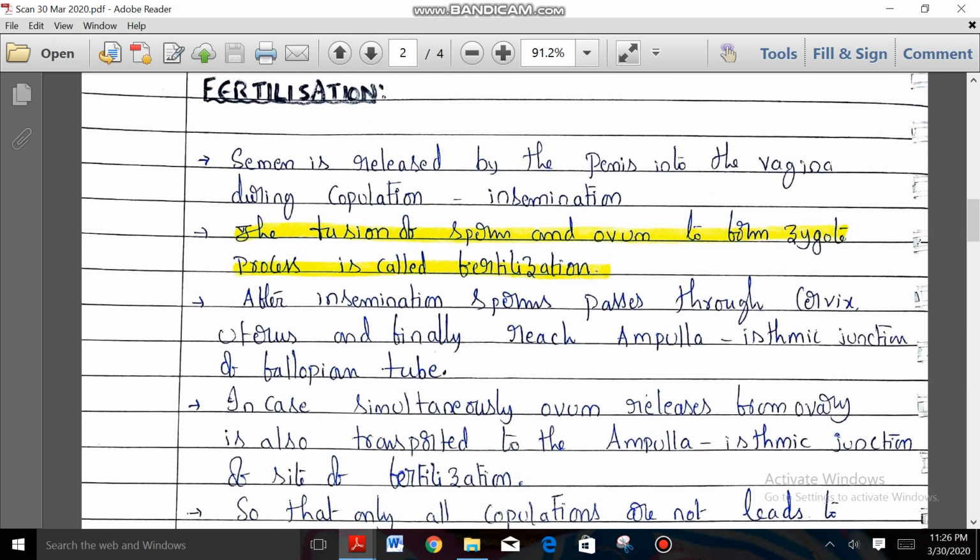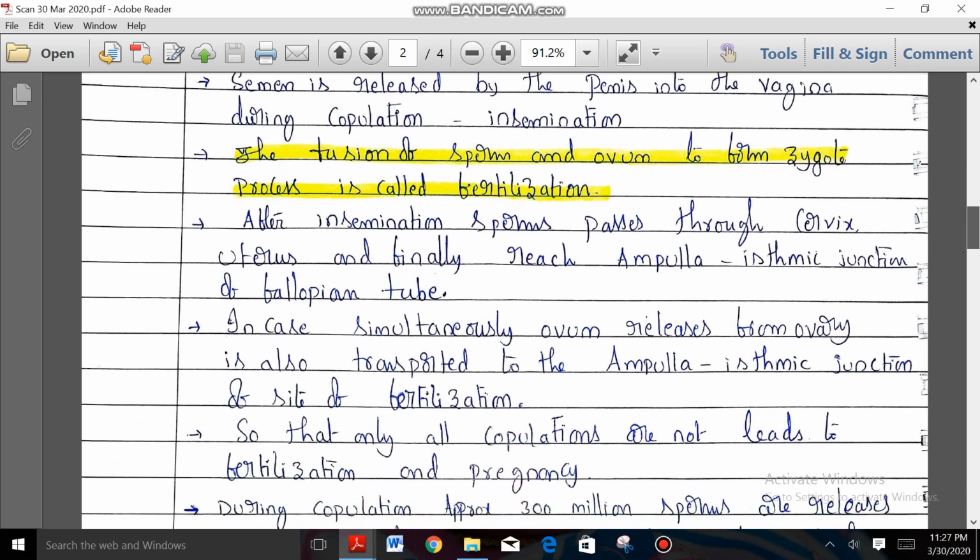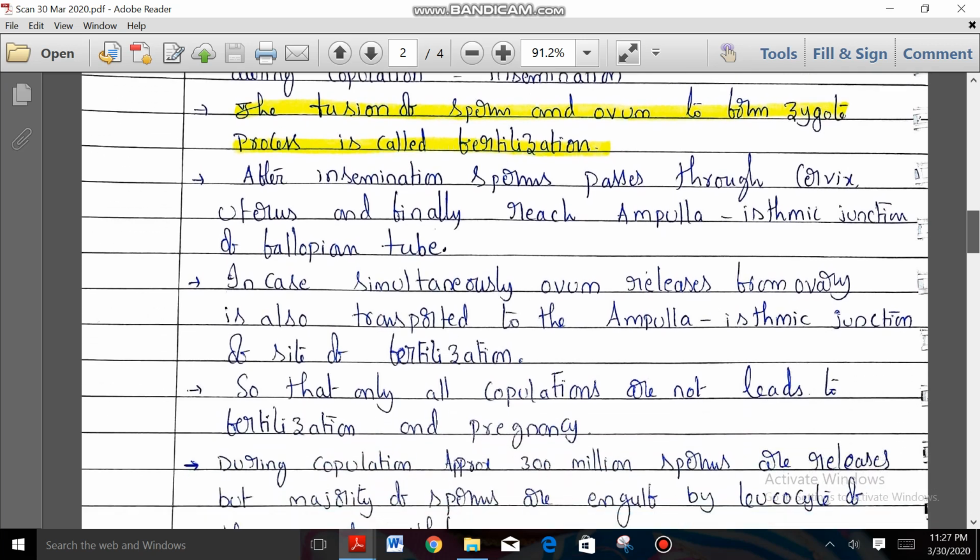Otherwise, the process of formation of a diploid zygote from the fusion of haploid sperm and haploid ovum is called fertilization. So when does fertilization occur, before or after insemination? After insemination.